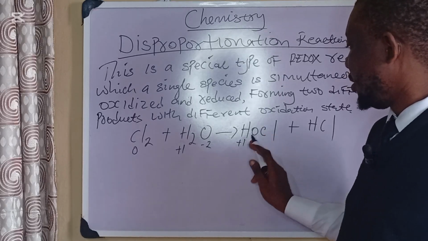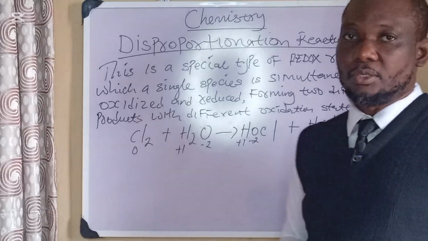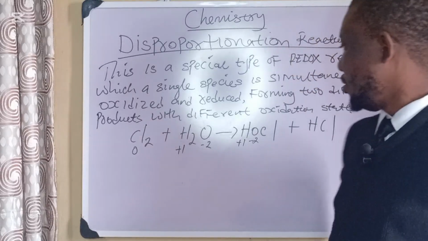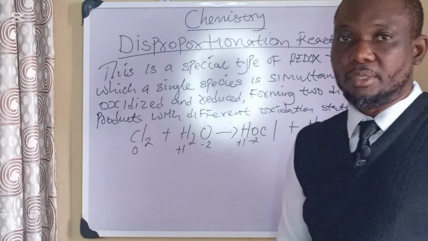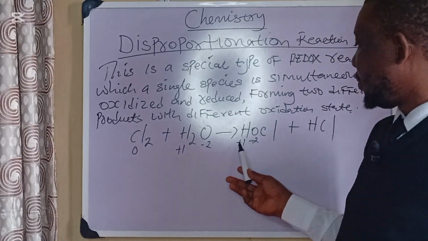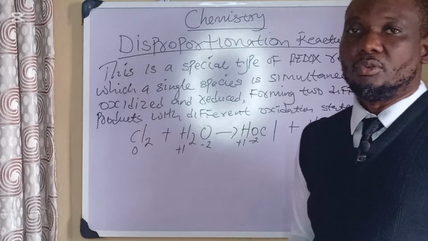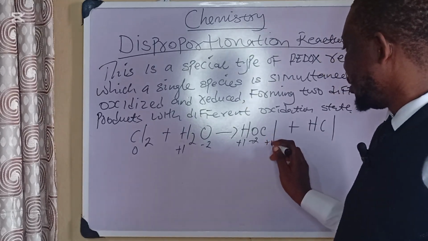Anytime oxygen is in a combined state, its oxidation state is usually minus two. But the sum of these three atoms in this particular compound should be zero. Now, if you have plus one minus two, you still have minus one. So it means that this particular chlorine here is plus one.